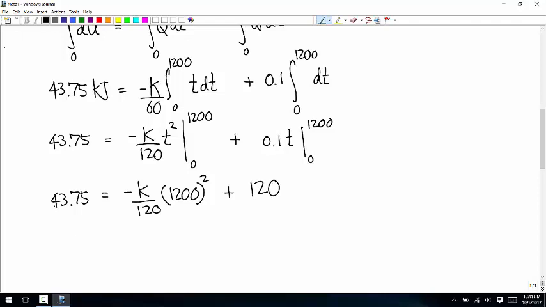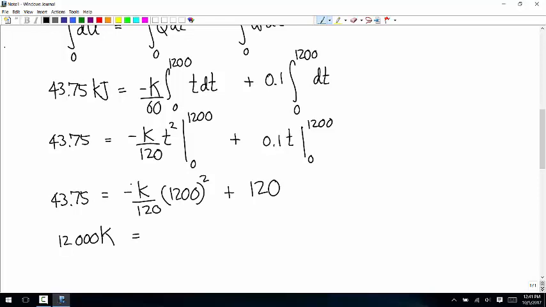So what's 1200 squared divided by 120? So 12,000 K is equal to 120 minus 43.75.